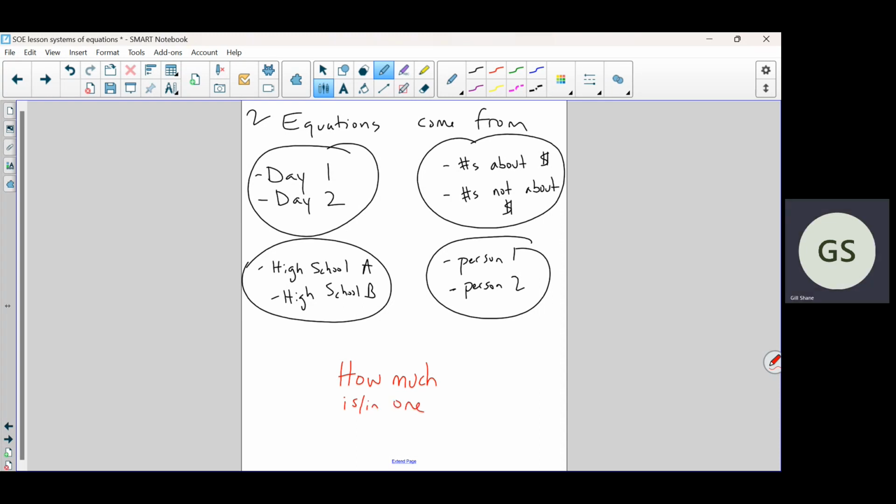So if you say, well, how much is in one of them, or how much is one of them, if it's about money, and then times how many of them. You're gonna have to do that in every one. So that's something you'll do in a lot of the equations, especially if it's about money. You're gonna multiply the amount one of them is, the cost of one, times how many of them there are.